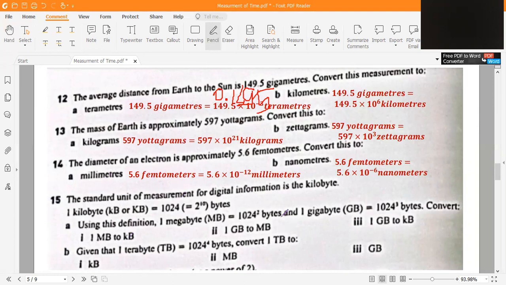When we move to exercise 15, we remark that the standard unit of measurement for digital information is kilobyte, and dealing with this kind of measurement unit is different from what we have already explained.